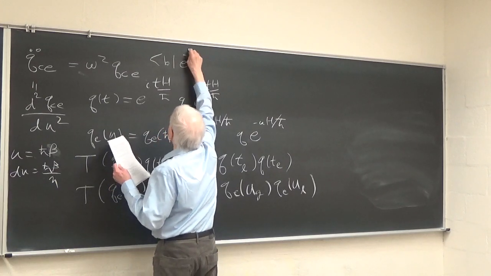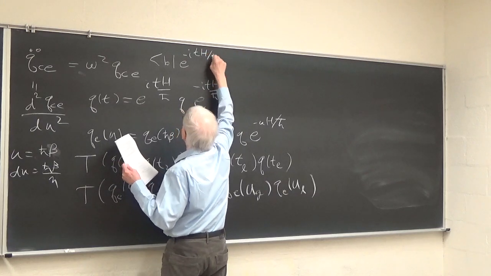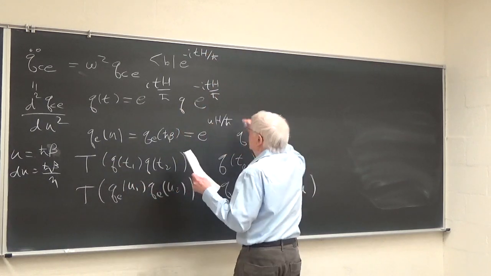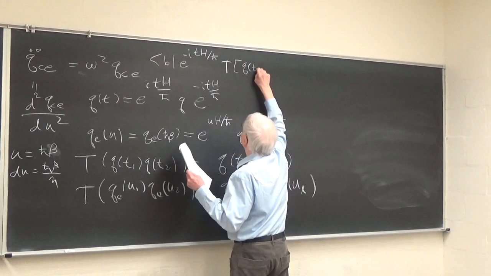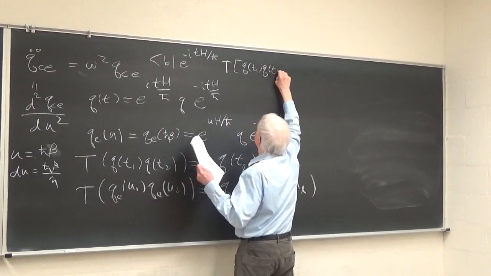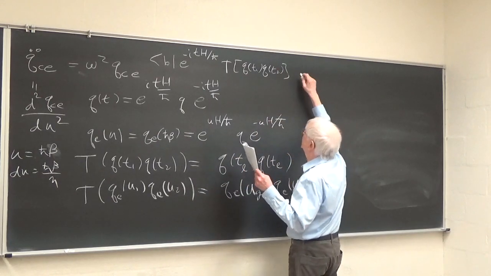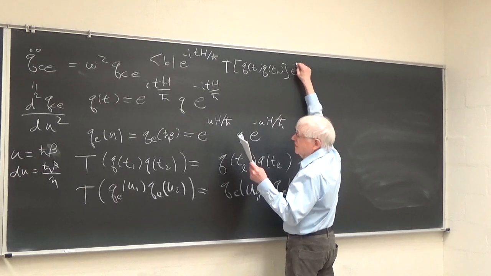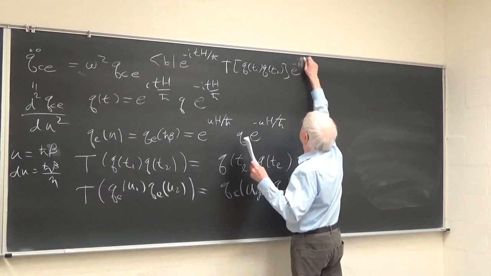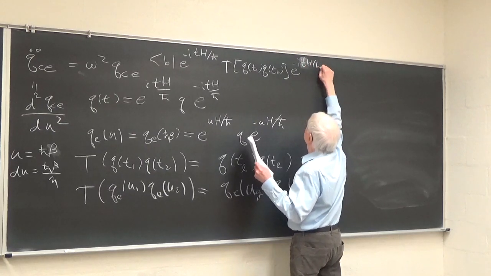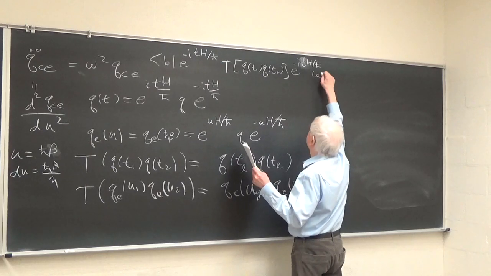E to the minus I TH, so I'm doing this in real time now, of Q of T1, T2, and now I'm also doing minus I, TH over H bar, A.